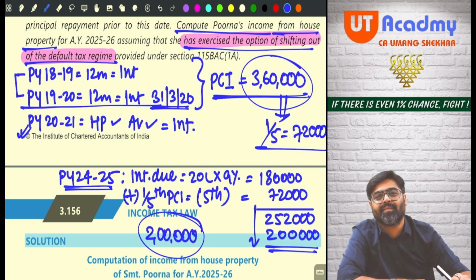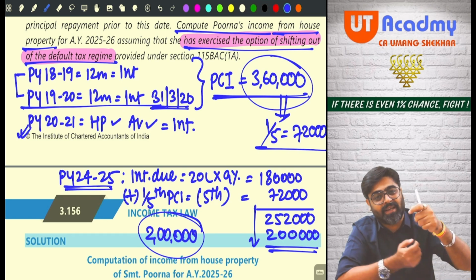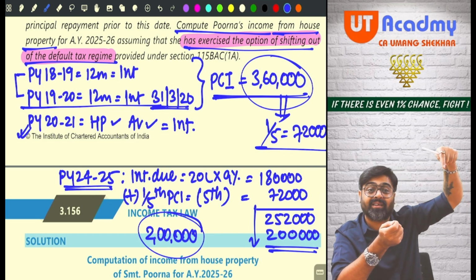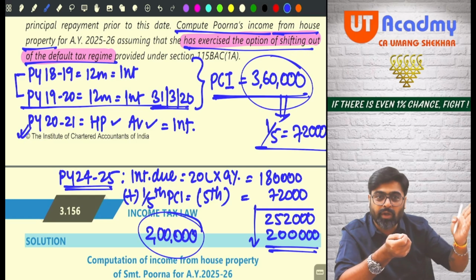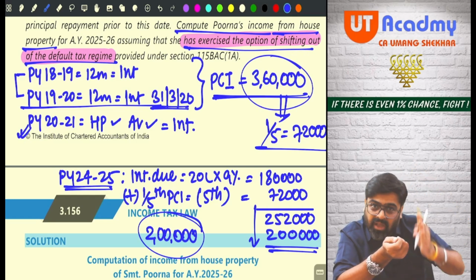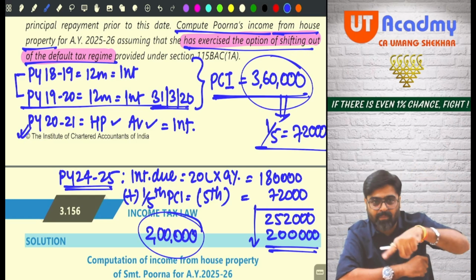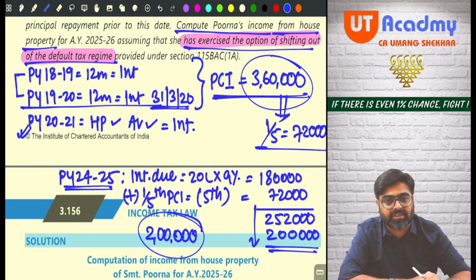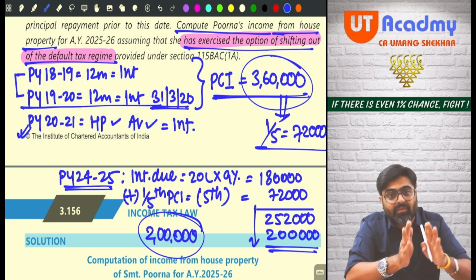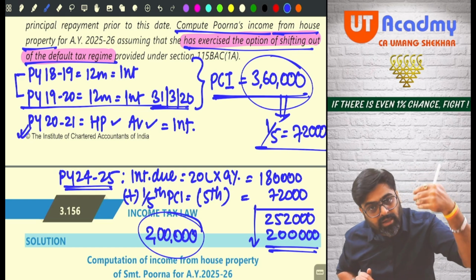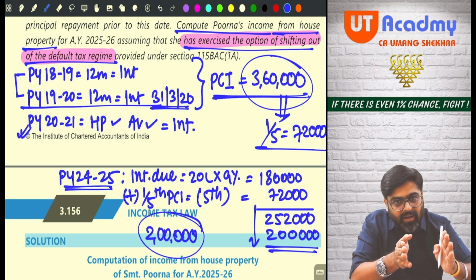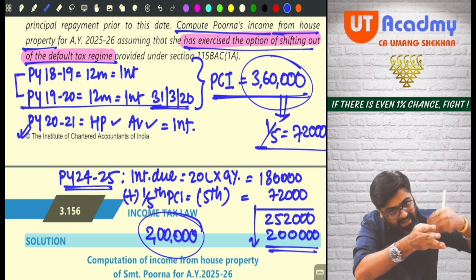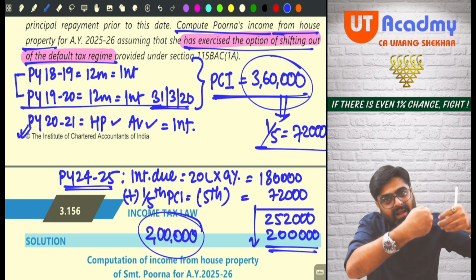Do you know what mistake you are making? You are stretching the pre-construction period till the date of completion of construction. Why are you taking it there? I told you to end your pre-construction period on 31st March, immediately prior to the date of completion of construction. Because whatever interest becomes due in the year of construction, April to November and after November, that entire interest becoming due in that year will be allowed in that year.